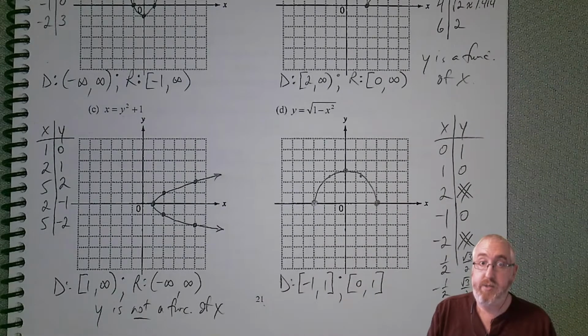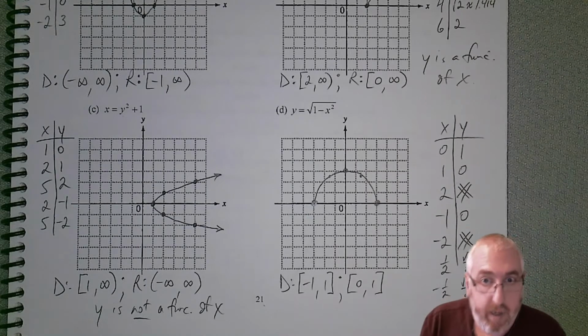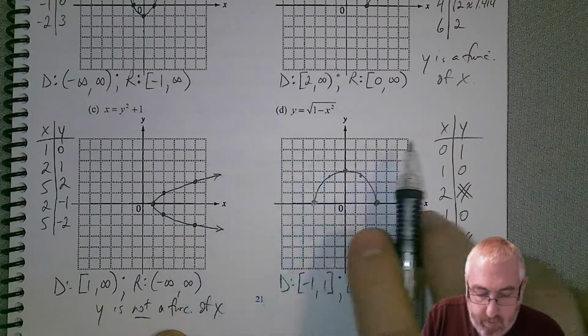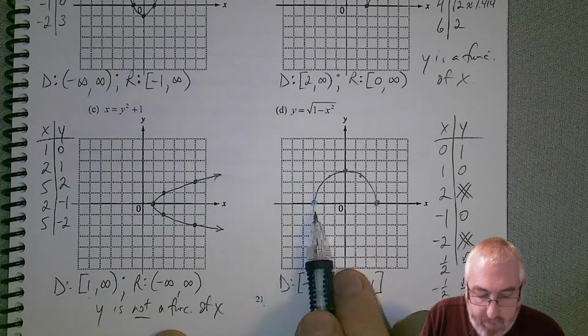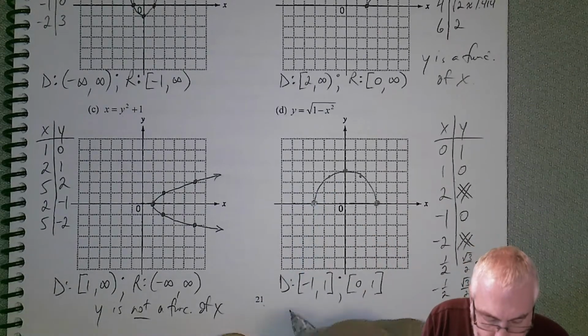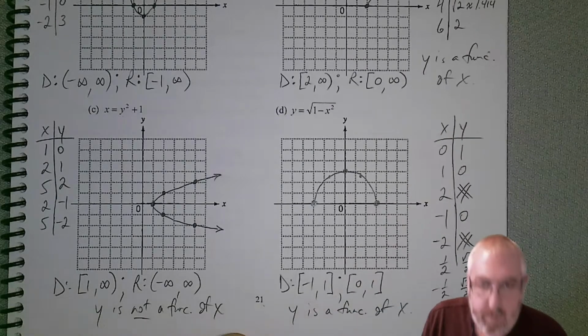And then the final question, is it a function? It is, because with that vertical line, you can see no matter what value of x we pick, we only get one value of y. So y is a function of x.